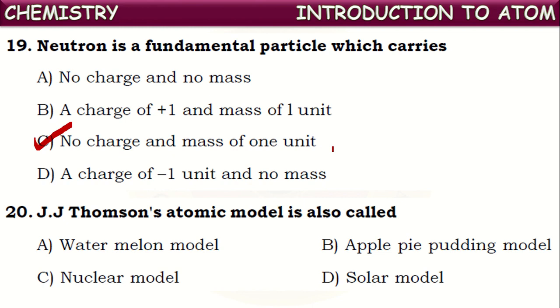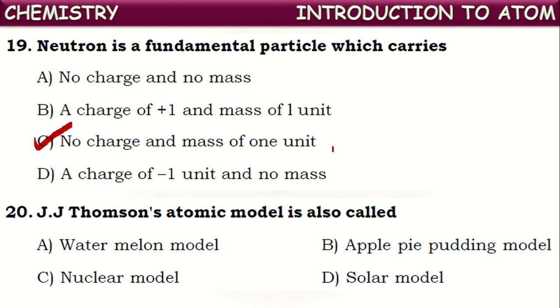To answer these questions, J. J. Thomson proposed an atomic model which is in comparison with the watermelon. How red pulp is spread over in the watermelon, in the same way the positive mass is completely spread over in the atom, just like a spongy mass. And how black seeds are embedded in the watermelon red pulp, here electrons are also embedded in the positive mass.